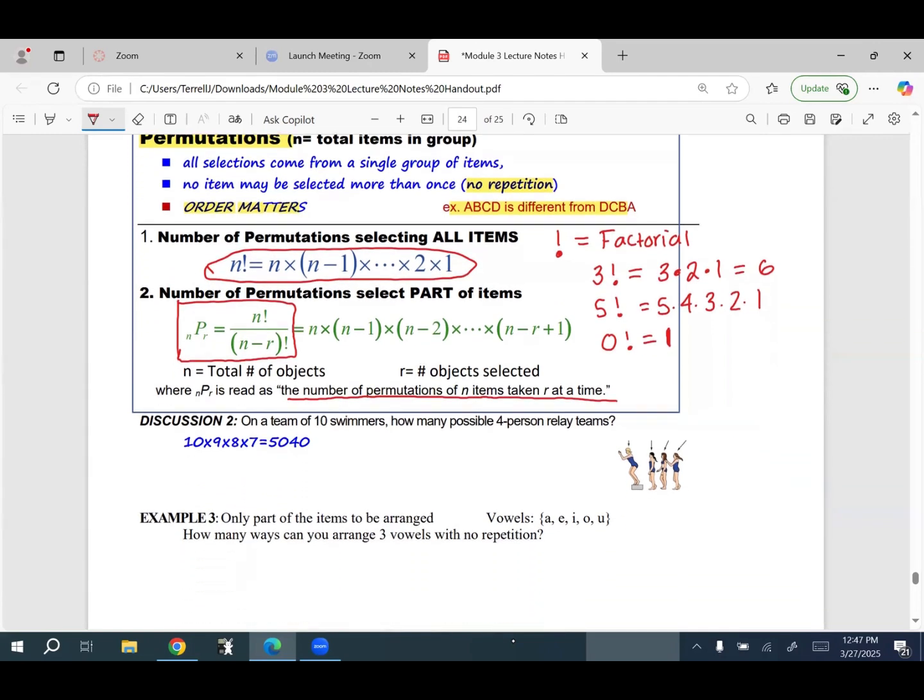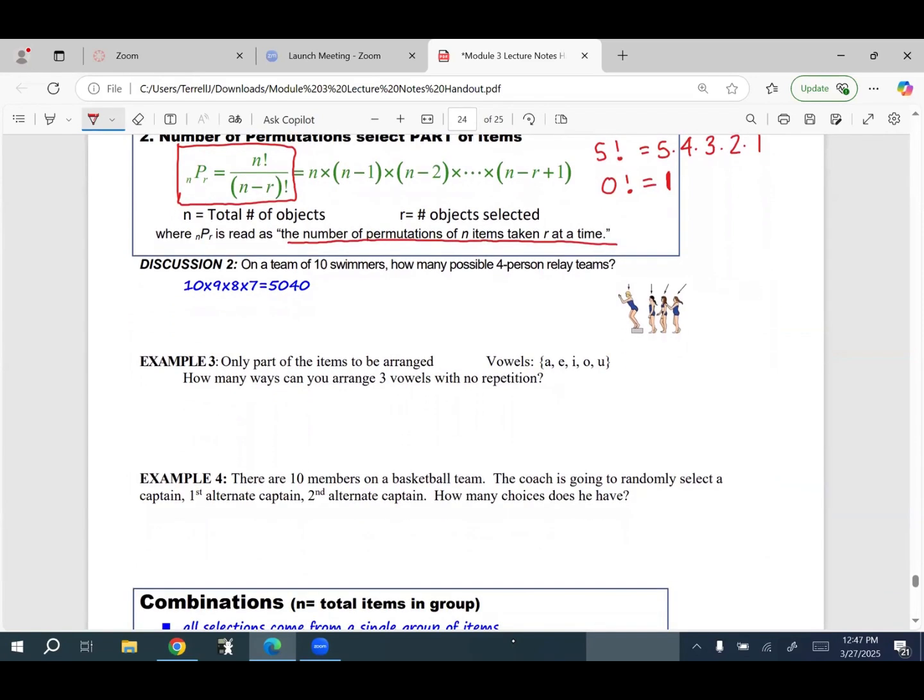So let's look at example 3. It says only part of the items to be arranged. The vowels are A, E, I, O, U, and it says, how many ways can you arrange 3 vowels with no repetition? So let's try to do this with a permutation.